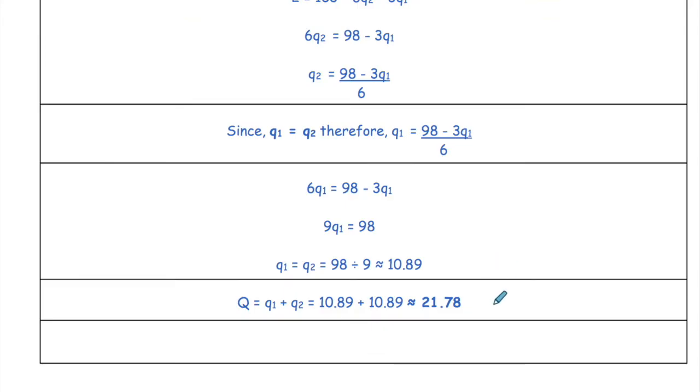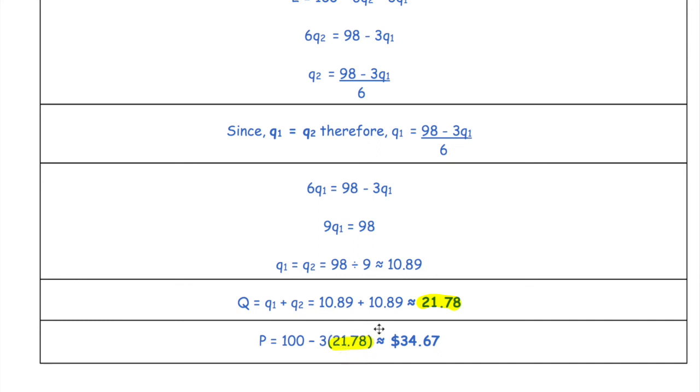Once we've figured out the market quantity, we can figure out the price that is going to be charged. The way that you find the price is simply by taking this market quantity and plugging it into the market demand curve. So we know that price is equal to 100 minus 3 times Q. Where I see Q, I'm going to replace it with the industry output. It's a popular mistake to put the firm's output here.